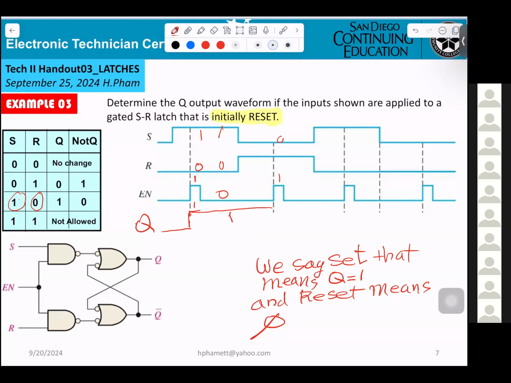Then you get a 0 here, 1 here. So S is 0, R is 1, Q is 0. Now Q goes to 0. When enable is 0, the output has no change.